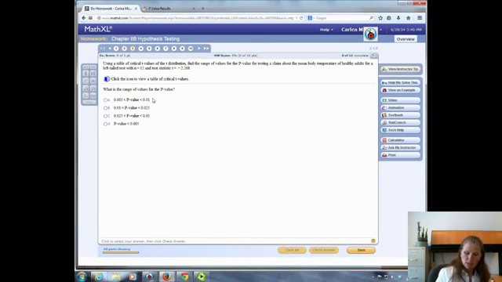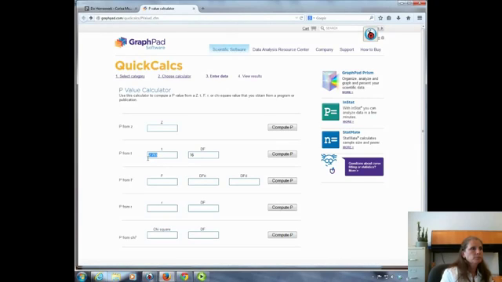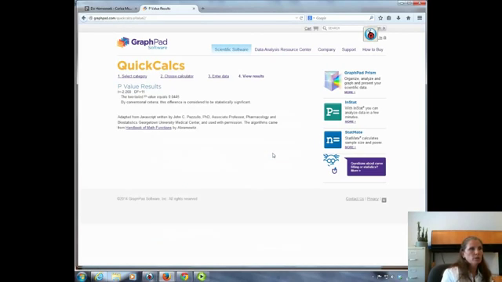We have n equals 12, so our degrees of freedom is 11, and our t-value is negative 2.268. So let's go see what that is. Negative 2.268, degrees of freedom 11. And we can compute.